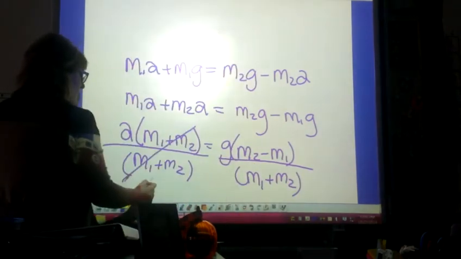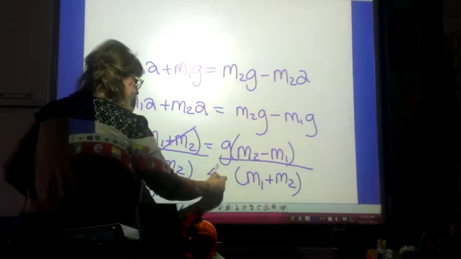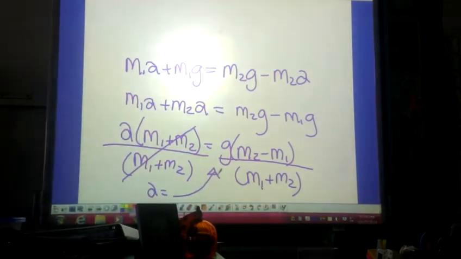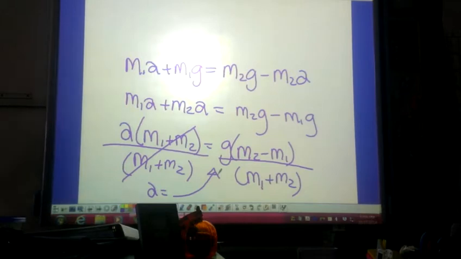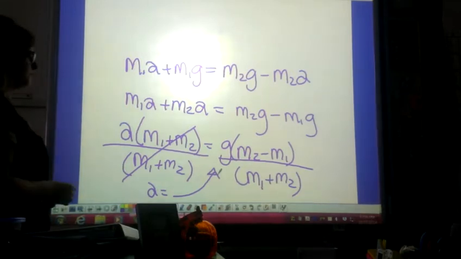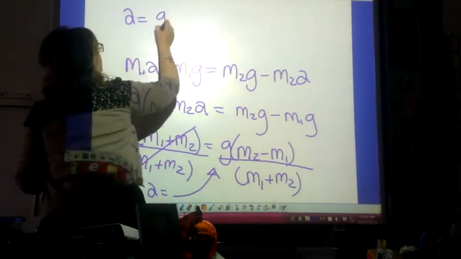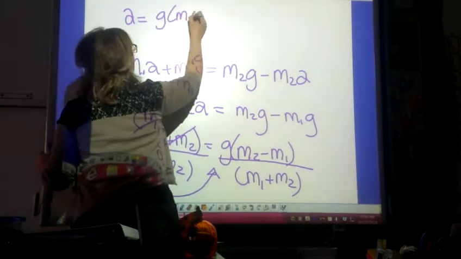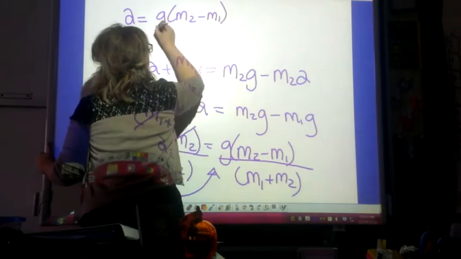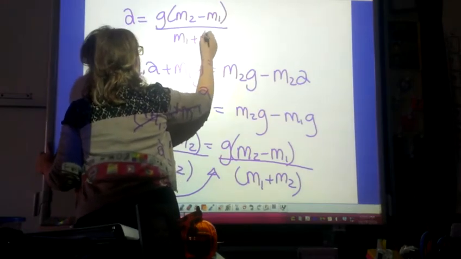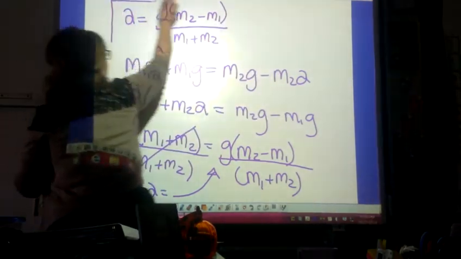So now I'm left with A equals G times M2 minus M1 over M1 plus M2. And this is my acceleration for an Atwood's machine. So this is my answer that I want.